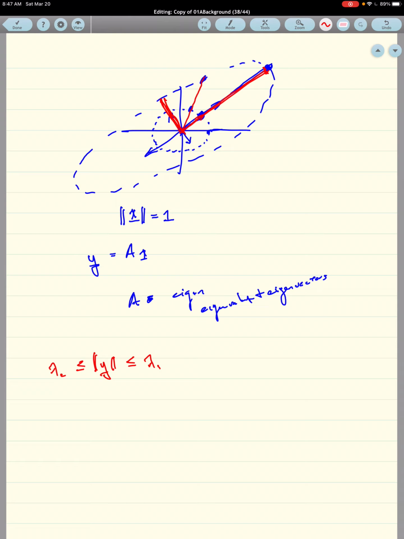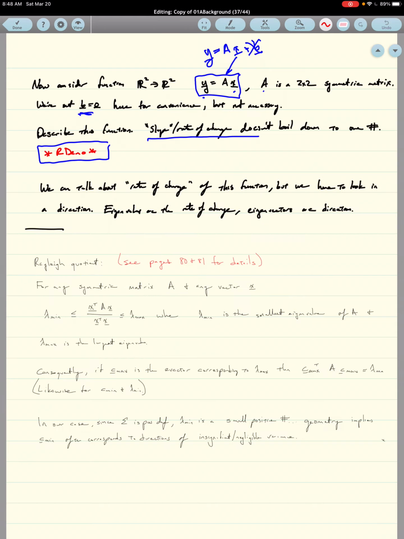But if we go in other directions, it's a combination of those two, and we can think of any direction as a linear combination of the two eigenvectors, because the eigenvectors form a basis for our two-dimensional space. Okay, so please do look at our demo.